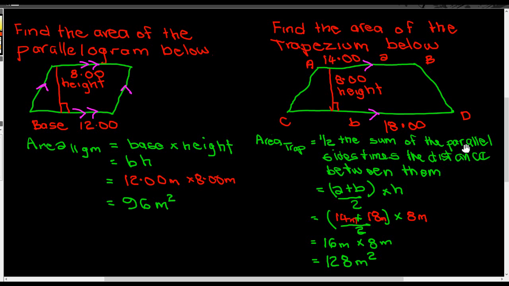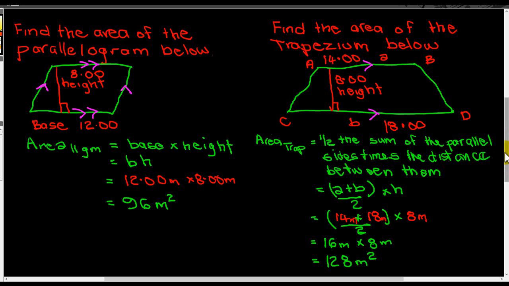If we want to write that using letters and algebraic terms, that's A plus B over 2, with A and B being the parallel sides of the trapezium, and there we've got half of them. And then that's multiplied by the height, or the distance between them.